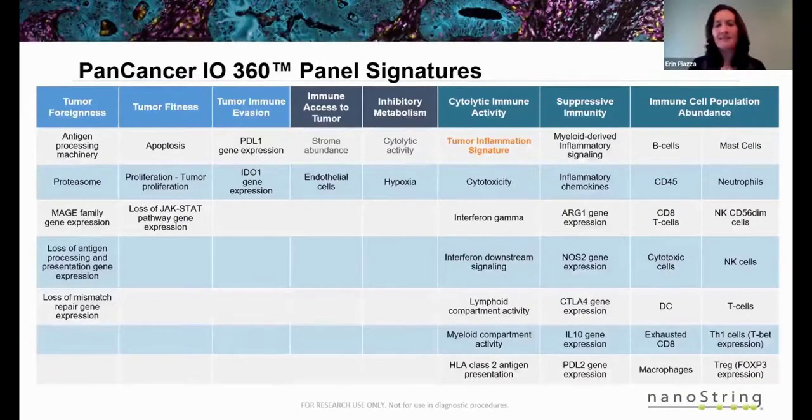The tumor signaling 360 panel has that tumor inflammation signature and all of the immune cell type signatures that are shown on the right. But overall, none of these other signatures have been covered, albeit the biology is very much still covered for many of these biological areas.